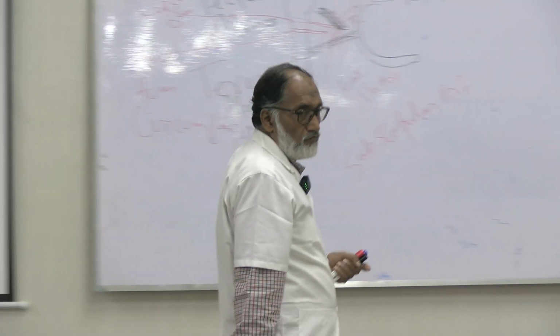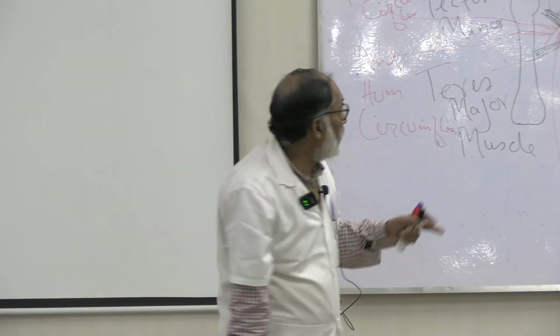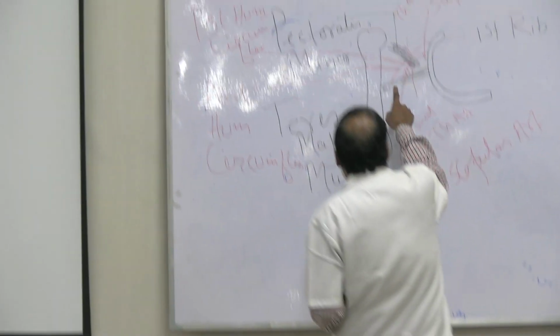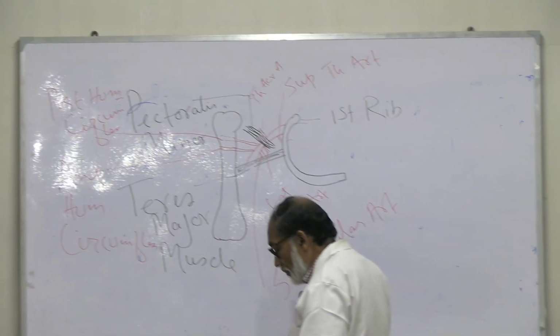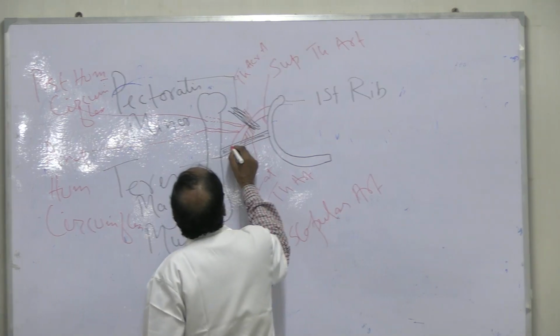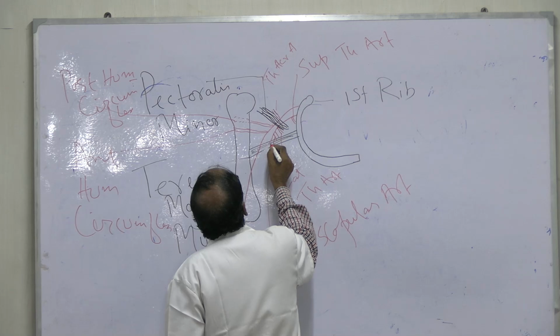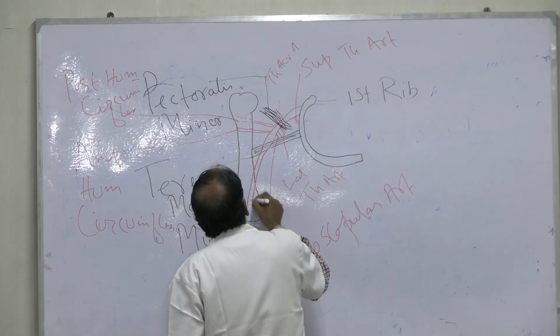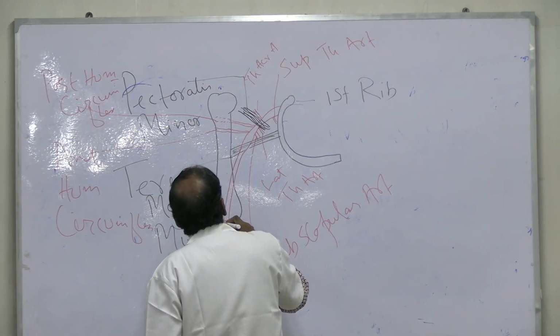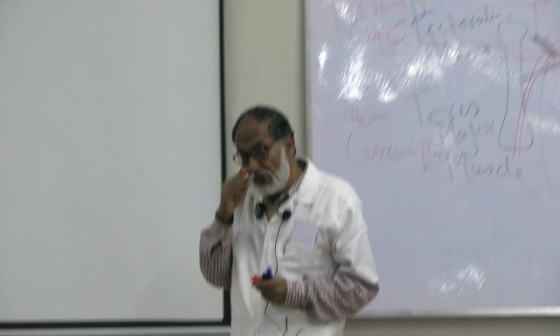Brachial artery, you know the course of the brachial artery. It starts from the lower border of the teres minor and it will end where? Here, at the elbow joint, there is the radius, the neck of the radius.